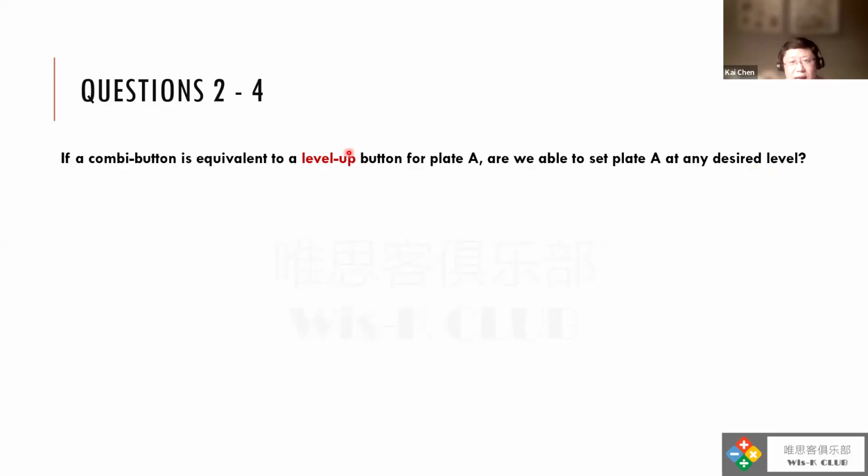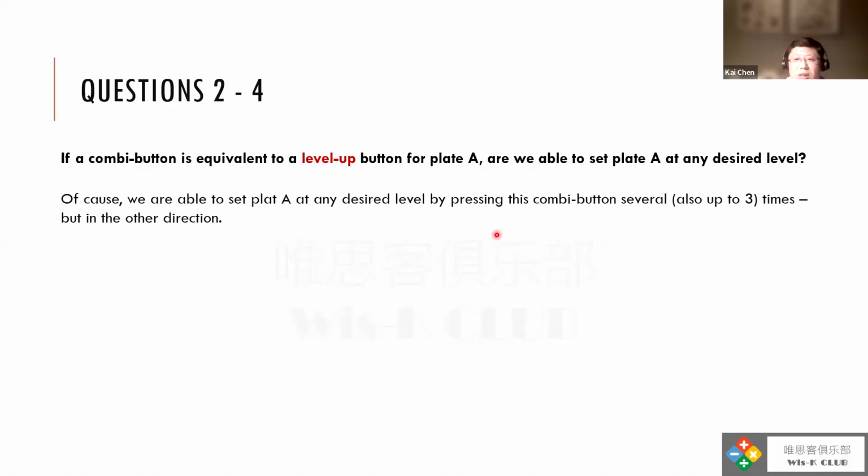Yes, of course. That's what you learned from task number 1 and task number 2. So if I want to lower it, I just press 3 times, right? If we want one level up, just press 1 time. If we want two levels up, 2 times. If we want 1 level down, then we press 3 times, right?